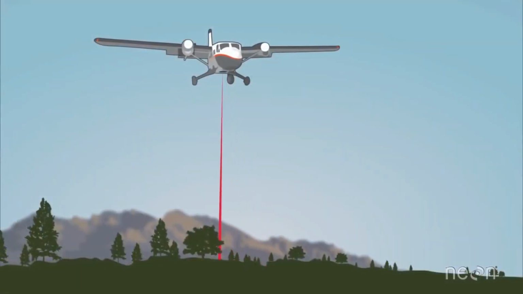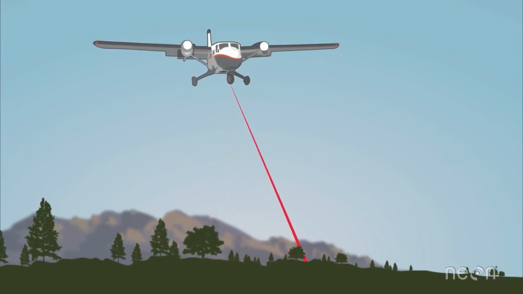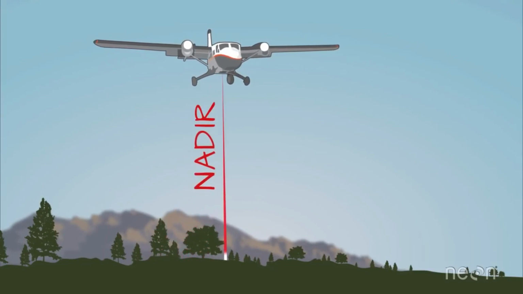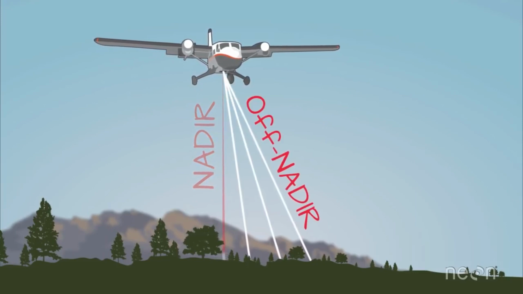And also, an airborne system scans the Earth from side to side to cover a larger area on the ground when flying. So while some light pulses travel vertically from the plane to the ground, or directly at nadir if we're still talking LiDAR lingo here, most pulses leave the plane at an angle or off nadir. So the system also needs to account for pulse angle when it calculates elevation.